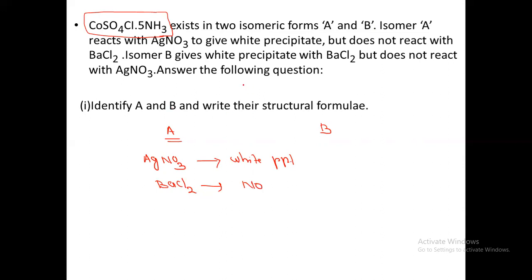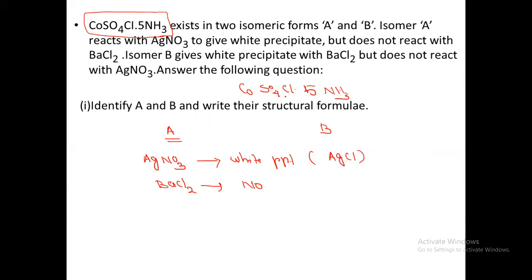Okay, so look at that formula. It is CoSO4Cl·5NH3, right? So if you add Ag to this complex, we are expecting a precipitate. We know AgCl is insoluble in water, right? So AgCl is a precipitate. Okay, with barium chloride, what is supposed to precipitate?